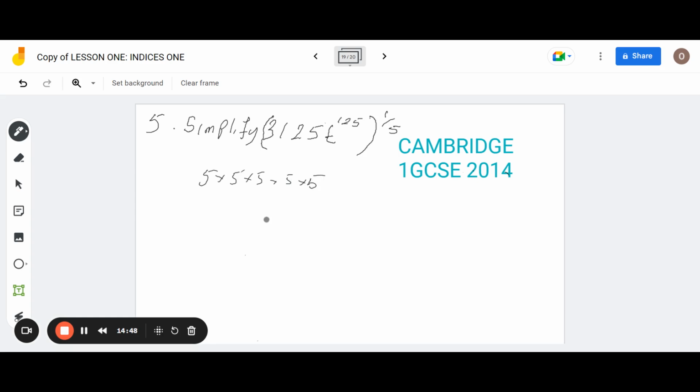Therefore, solving this problem, we have 3125 will result to 5 raised to power 5. Then everything raised to the power 1 over 5. In solving this problem, you can have it this way: 5 raised to the power 5 multiplied by 1 over 5 by law of indices.